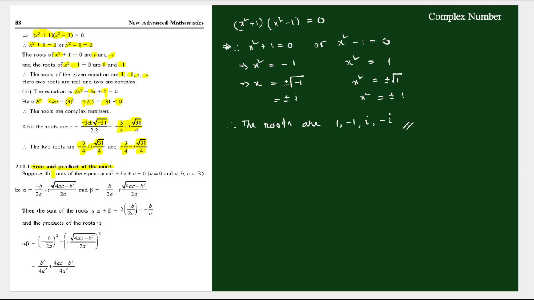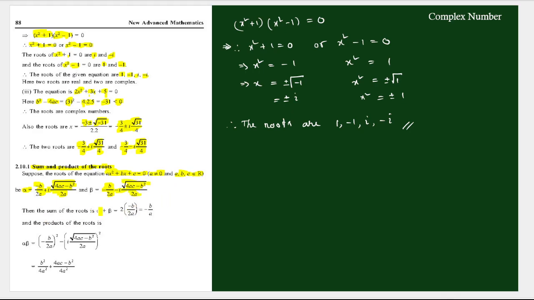Suppose the roots of ax square plus bx plus c equal to 0, where a is not equal to 0 and a, b, c all belong to R. Then our alpha, the positive one, is minus b plus i root of 4ac minus b square by twice of a, and our beta will be minus b minus i root of 4ac minus b square by twice of a.